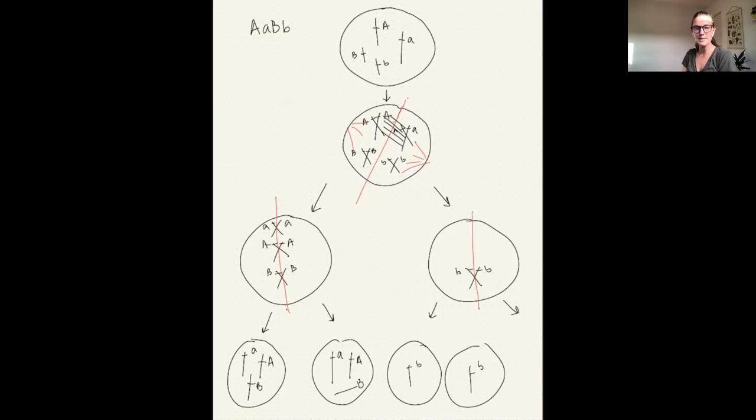None of these gametes are correct. Remember that gametes have to have one copy of all the genes. So this is really bad when nondisjunction happens in meiosis 1.